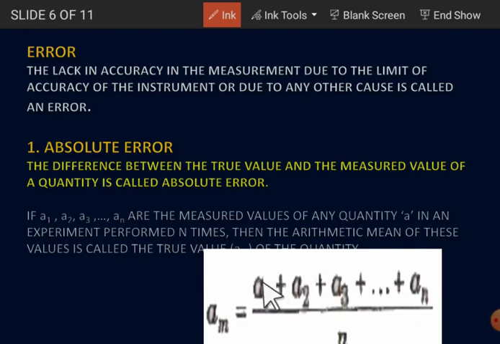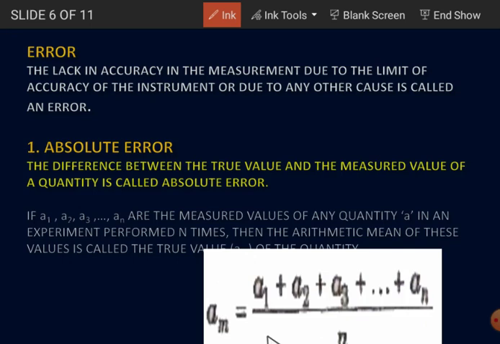We don't know the exact value of that measurement, but by taking the average of all those measurements, we take that mean as the true value, and it is denoted by am. So the difference between am and a1 will be the absolute error in the first measurement. Can you get my point?